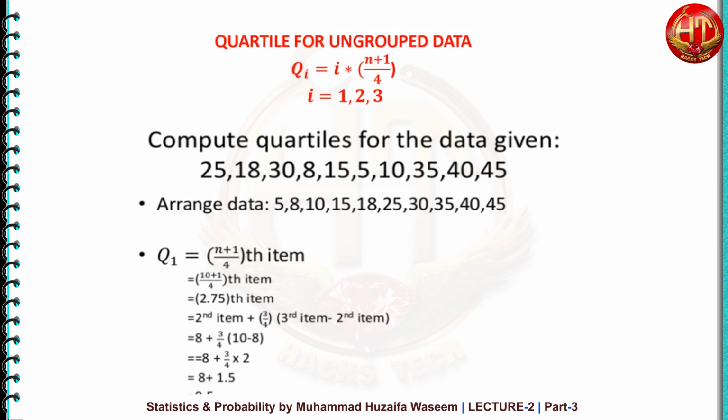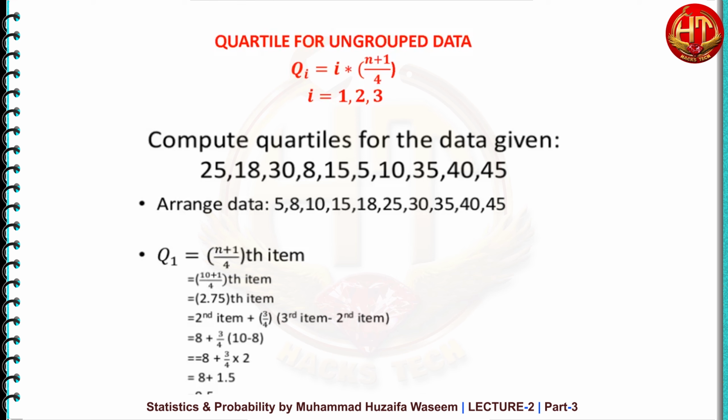Okay, in the given series, what is n? n is the total number of observations in the given series, which is 10. Then 10 plus 1 divided by 4 gives the 2.75th item in the given series.